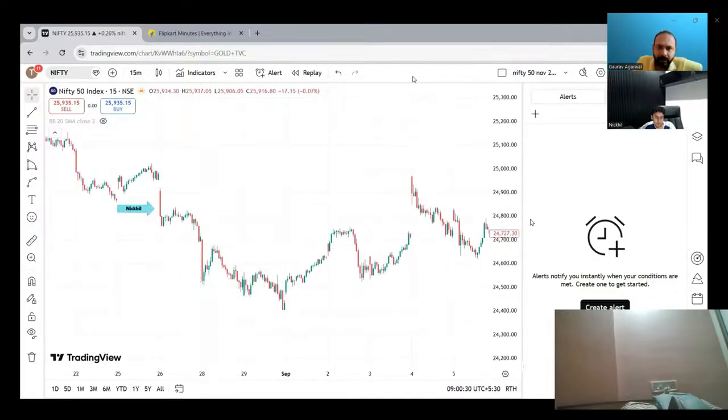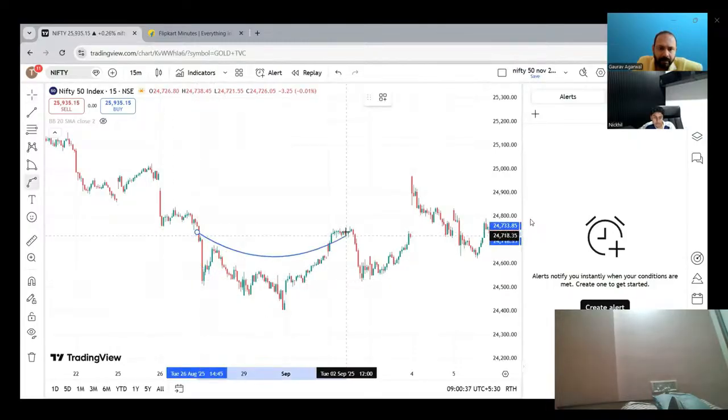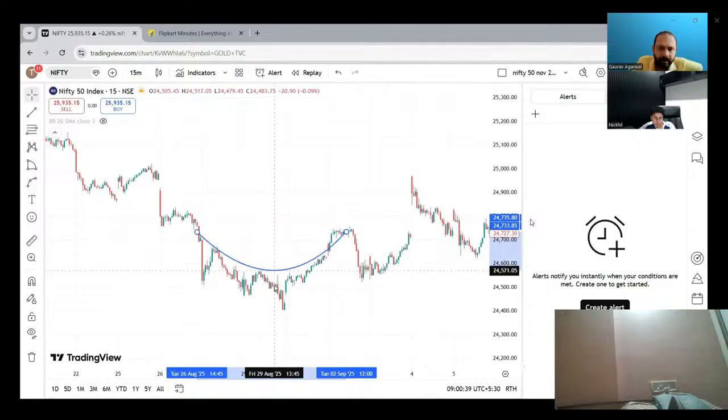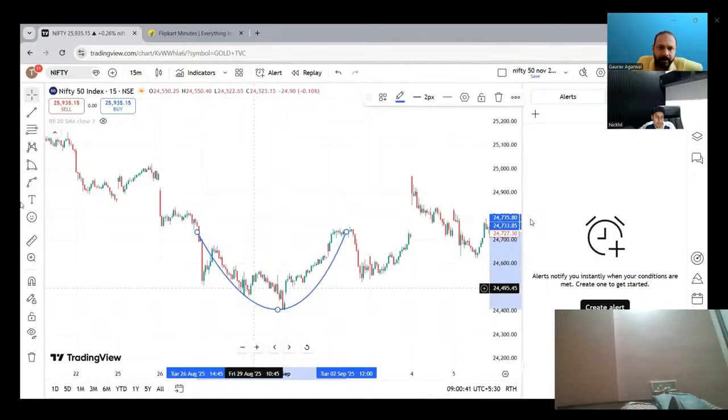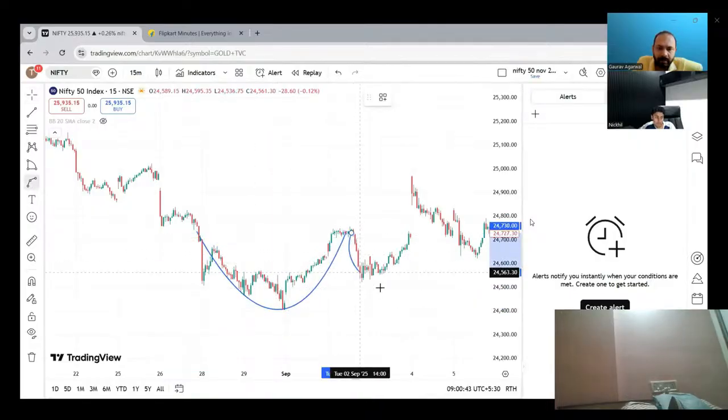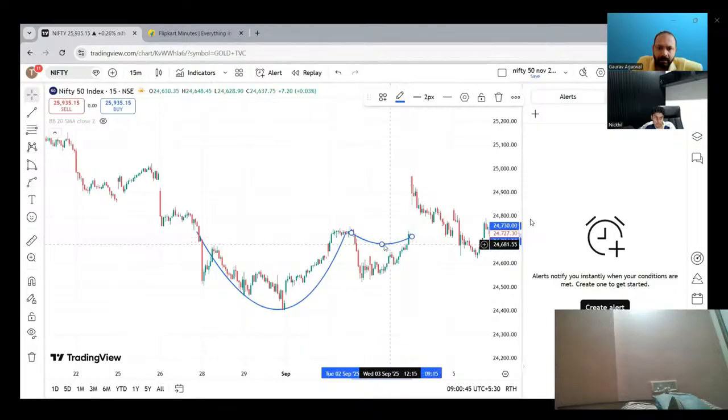See, here also there was a big one. Yeah, over there. Like this.